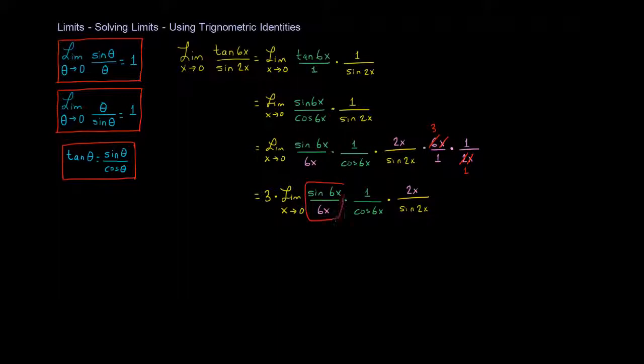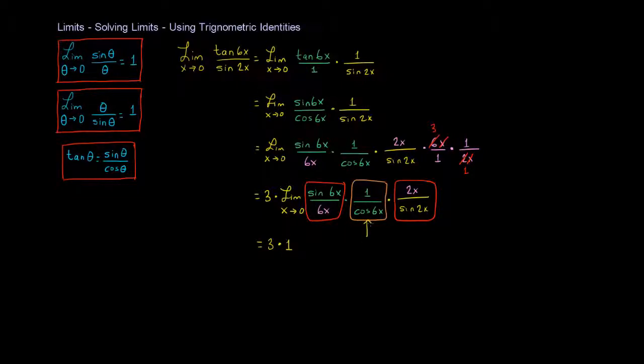Okay, so now we know that this part of the limit would be equal to 1. I'm going to use this one framing. This part of the limit will be equal to 1 as well. And now this part, the one in the middle, could be a bit tricky, but I'm pretty sure you should remember from your previous courses that the cosine of 0 is equal to 1. So at the end the expression will be equal to 3. This 3 comes from this one, times this term, which is in here, equal to 1.